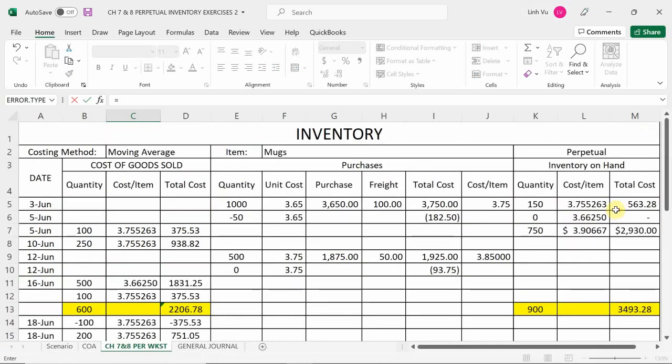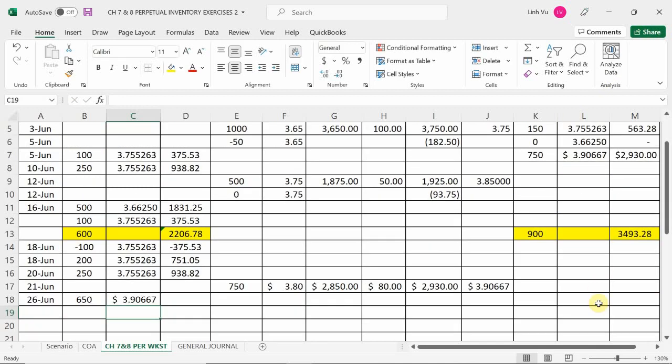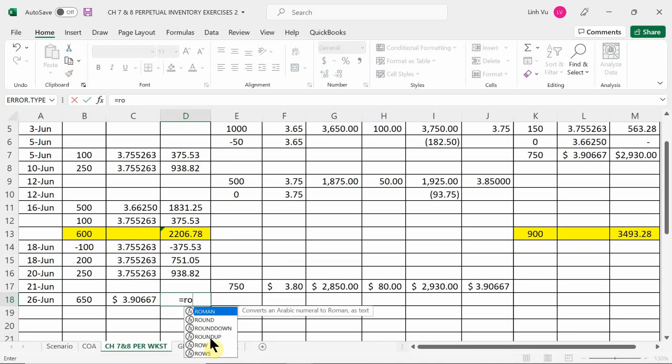Since I'm using LIFO, which batch of inventory am I going to be taking out from? The 750. The 750, right? At $3.96666667, right? So in this case, what's my total cost of goods sold going to be?